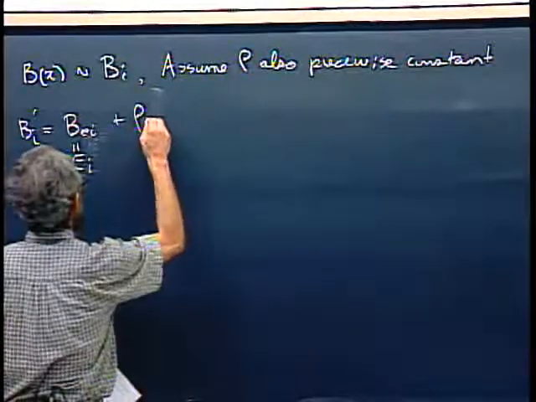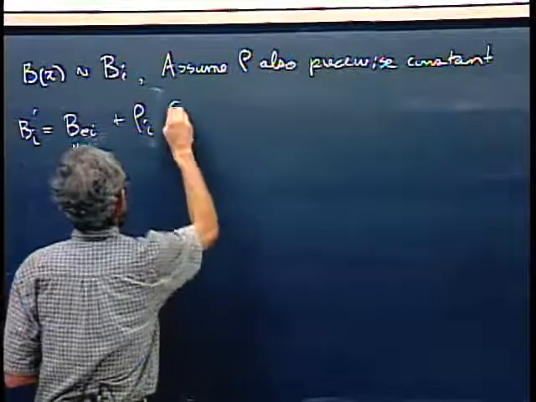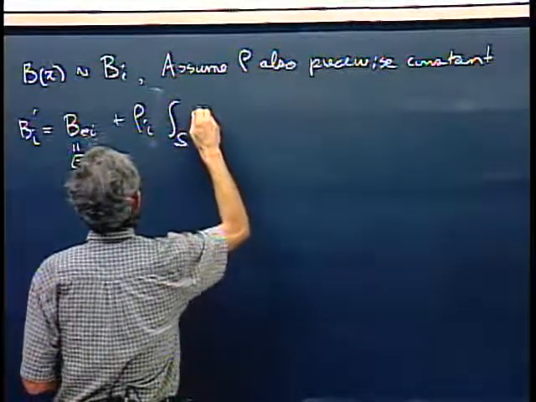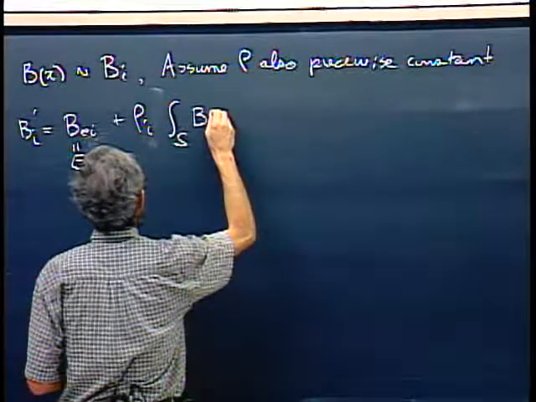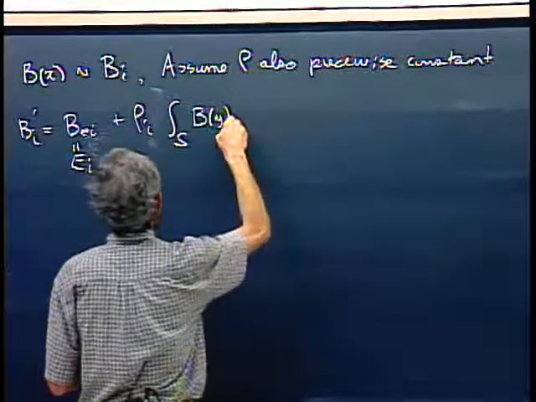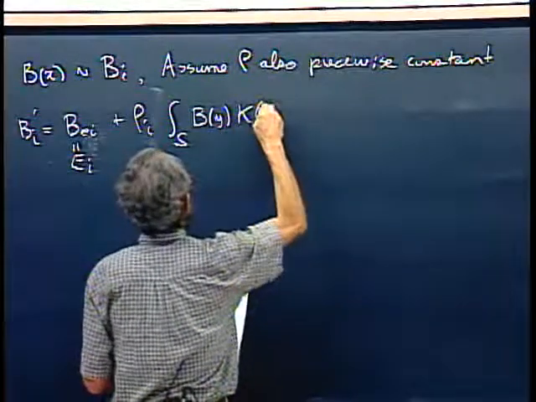Okay, so that means I'm going to have a constant rho i here for this rho of x, and then I have integral over the surfaces of B. What do we call this? Well, let me keep it B of y, and then I'll substitute after I break this surface up into a bunch of different surfaces.